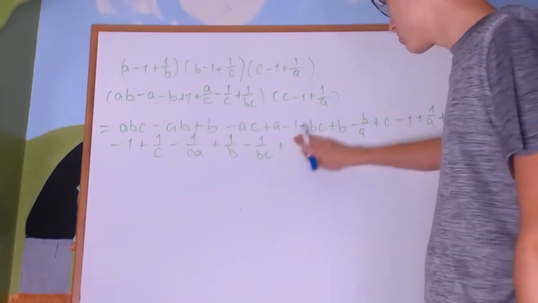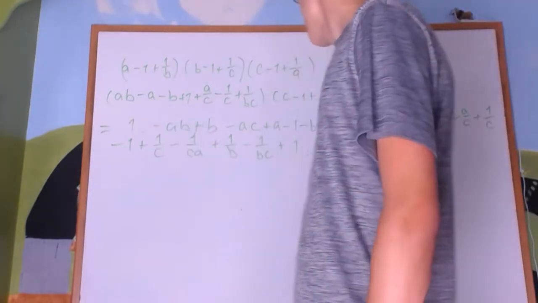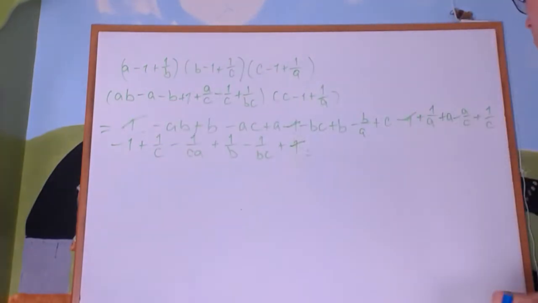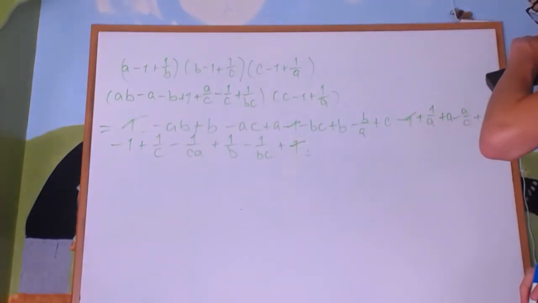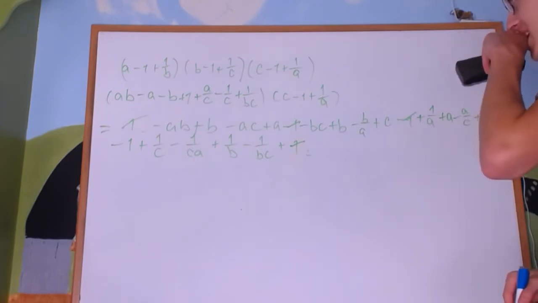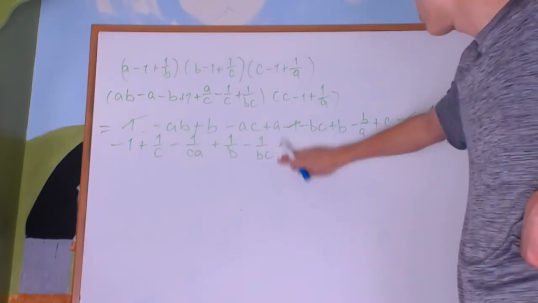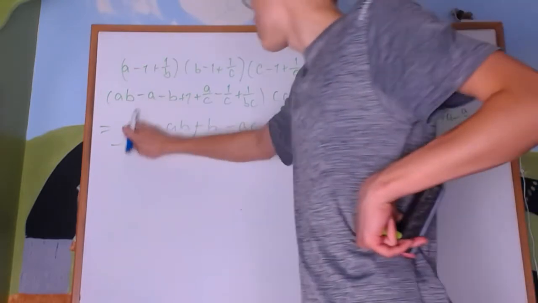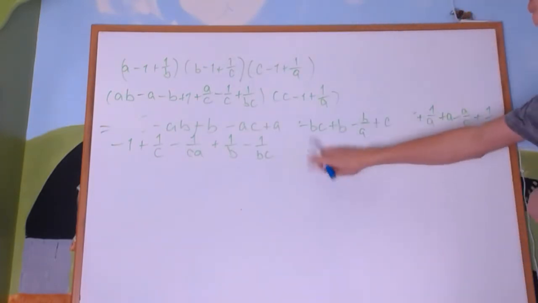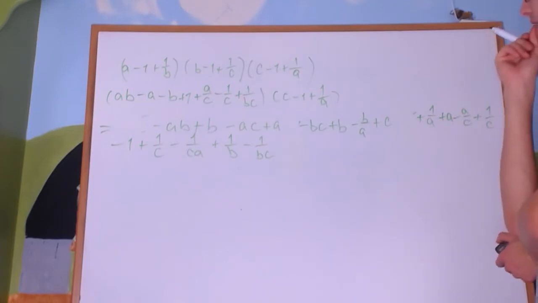So that goes to 1, that goes to 1, plus 1 minus 1 plus 1 minus 1. So we don't have to worry about any of those. There's a stray minus 1 in there, which I don't know how to deal with.